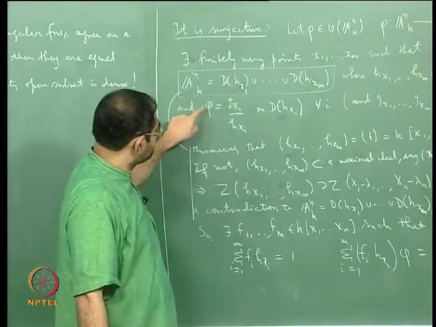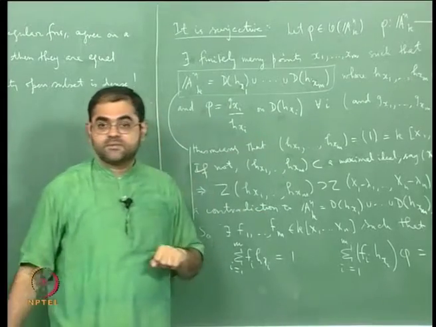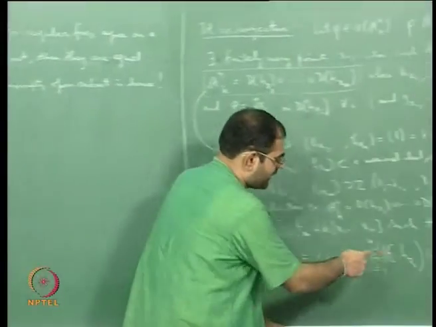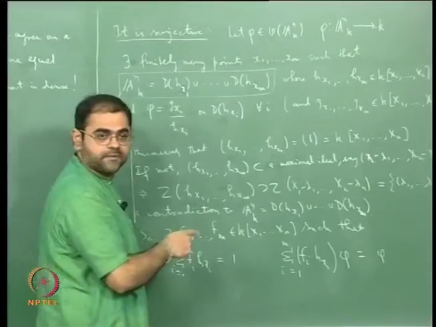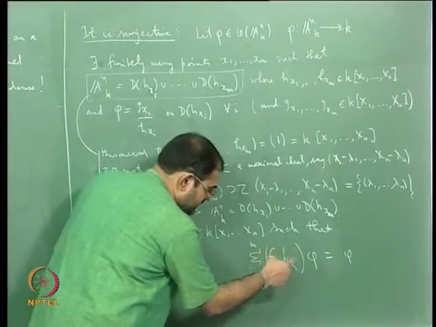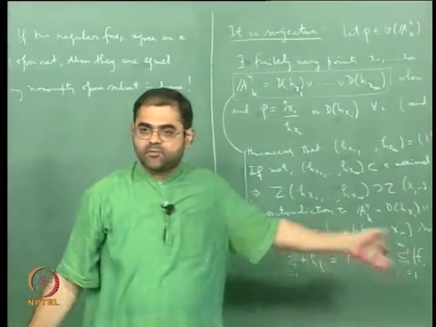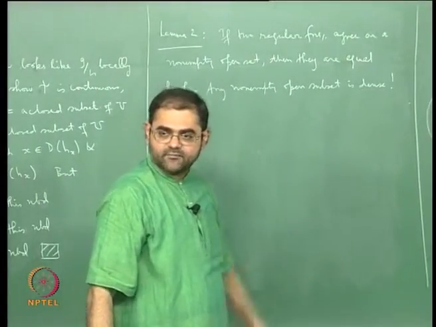So you are saying the regular function phi times h_xi is equal to the regular function g_xi on the non-empty open subset D(h_xi), therefore by this lemma it is the same everywhere, therefore for h_xi times phi I can put g_xi. So what I will get is sigma i equal to 1 to m f_i g_xi equal to phi, and that tells you that phi is actually that polynomial given by the left side. That is the polynomial that I wanted.